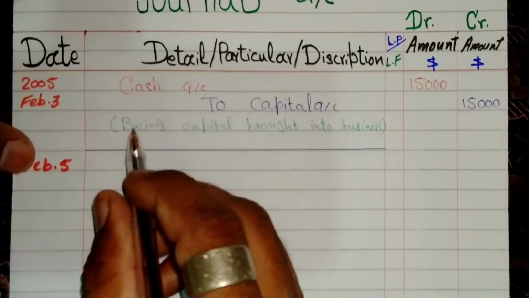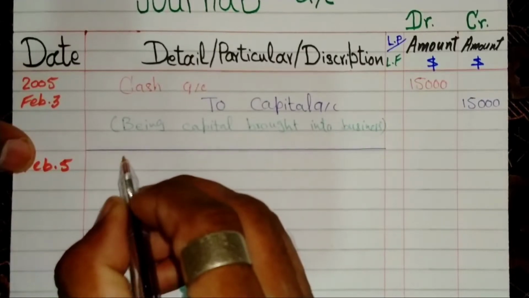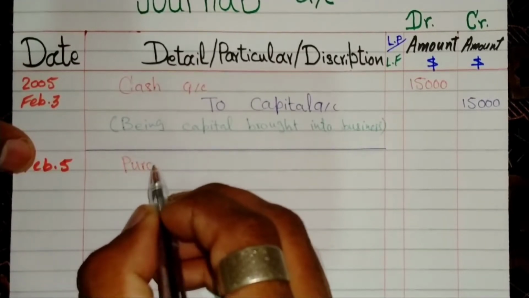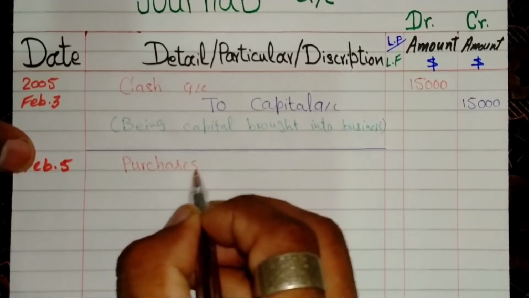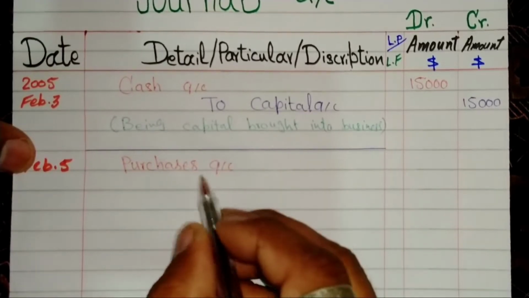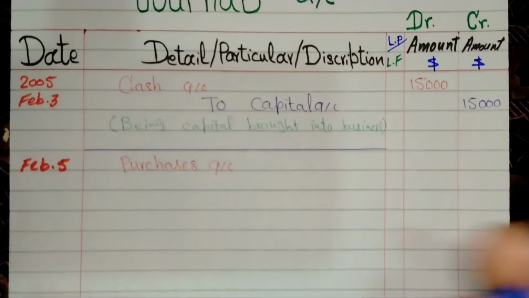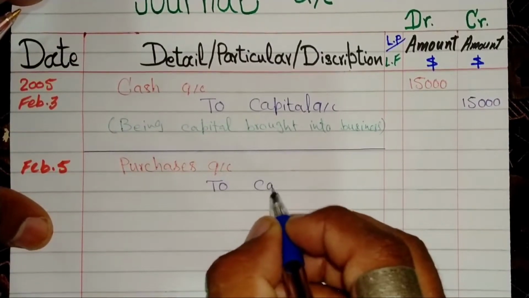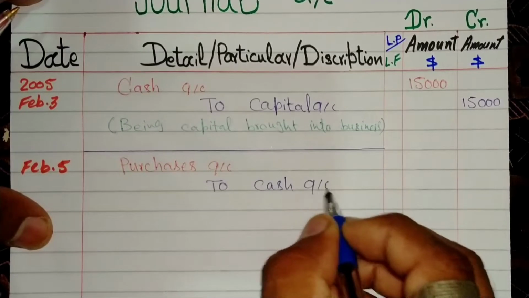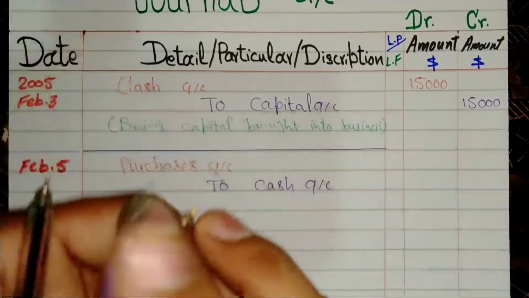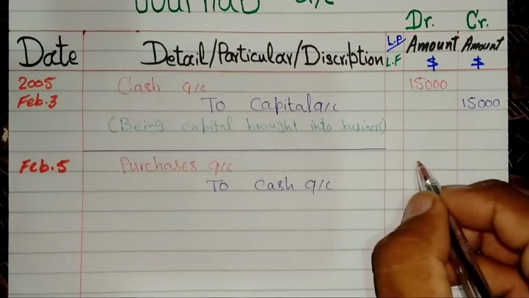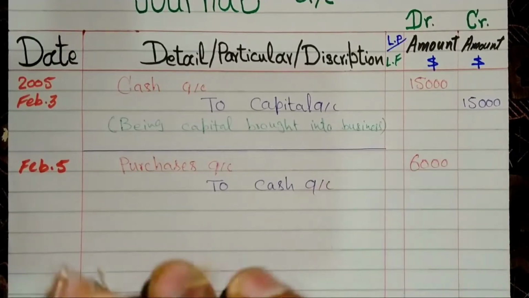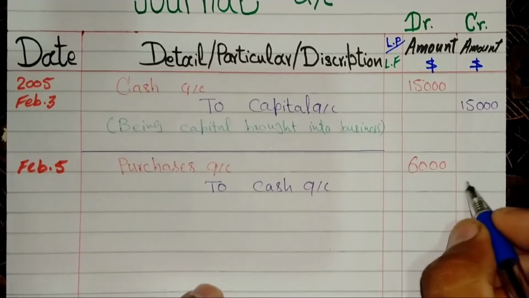Purchased goods for cash, purchases account debit, to cash account credit, $6,000 and $6,000.